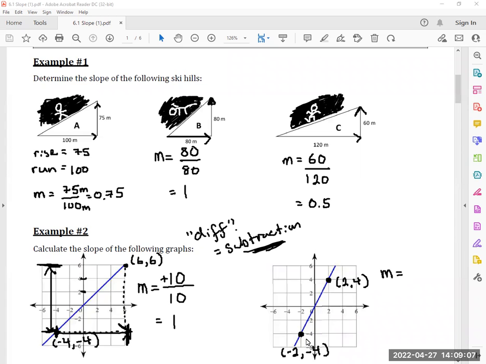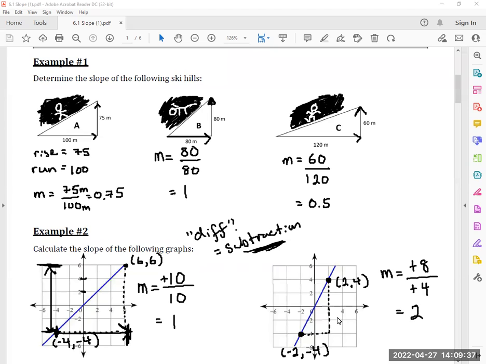How high did I go? Let's try. So it started with a height of -4 and went all the way up to +4. So 2, 2, 2, 2. I went up by 8. What about my run? 1, 2, 1, 2. I went to the right by 4. My slope is 2.